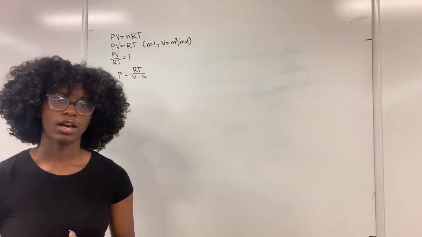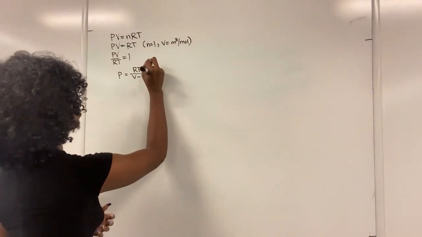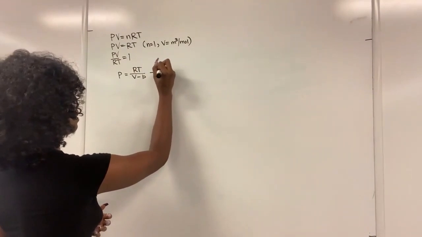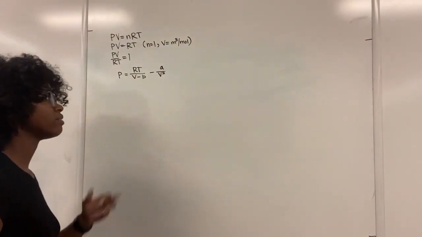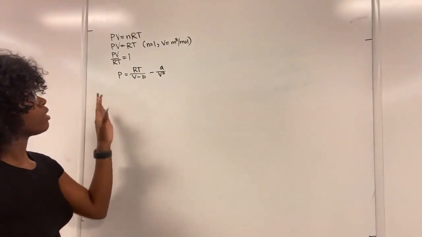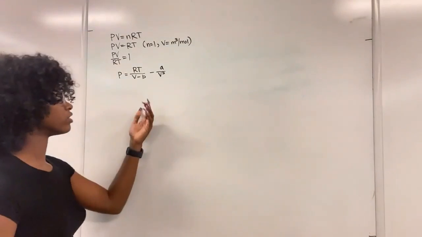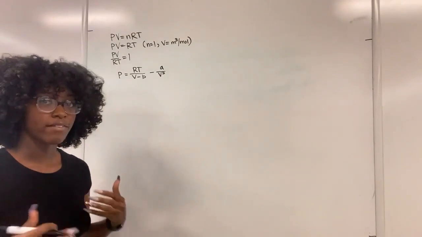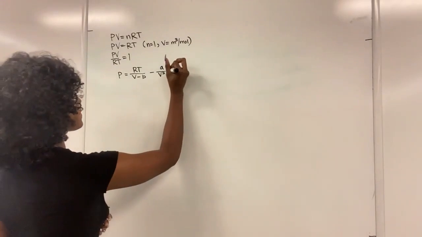So we are going to subtract a term called A divided by the volume squared. So by incorporating all of these factors into our equation of state, we have actually achieved van der Waals' equation of state.